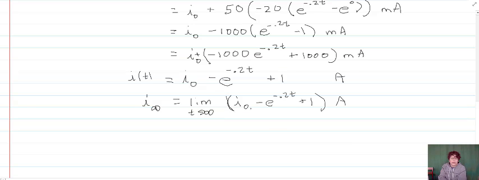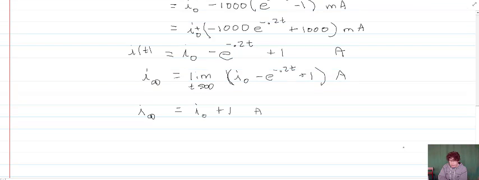Now the limit as t goes to infinity of e to a negative exponent is going to be 0, because this puts the e in the denominator, and when the denominator gets bigger and bigger, the value of the whole thing approaches 0. So the limit as t goes to infinity of this expression is I naught plus 1 amps.